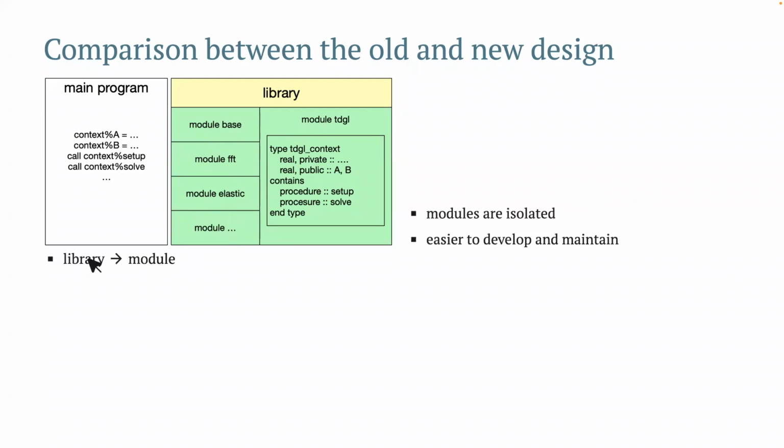So now the library contains many smaller modules, and each module is responsible for one type of job. And these modules are as isolated from each other as possible. Because they're isolated, the code base also becomes much smaller than the individual library, so it's easier to develop and maintain.